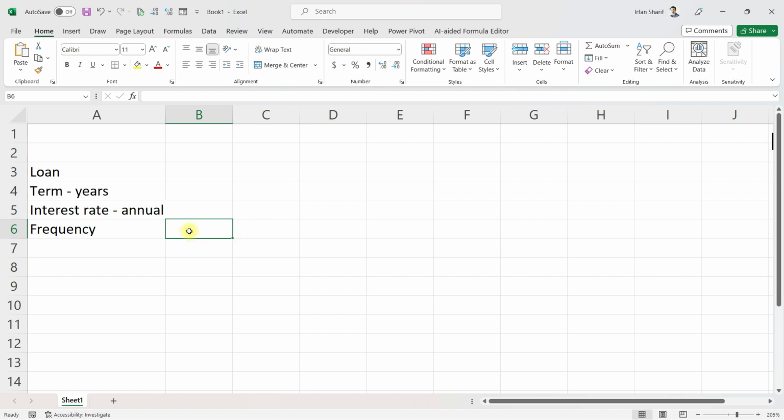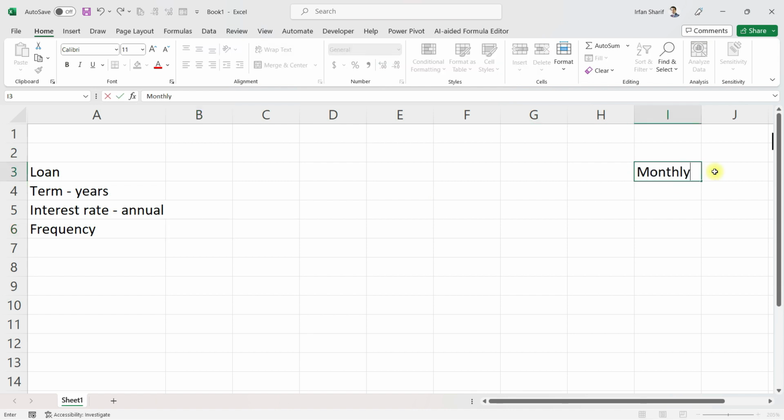So I want this field to be standardized, and rather than entering it manually, I want my user to select the value from a drop down. So I will be making a list here first, and this list is going to be monthly, quarterly, biannually, and then annually as well.